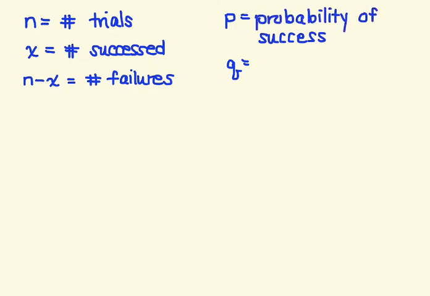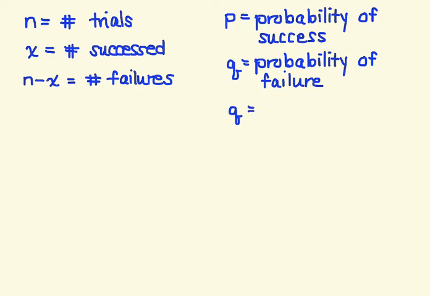Now because this is a probability distribution, the sum, P plus Q, should equal 1, which means that Q is actually equal to 1 minus P. So if we know P, we can find Q, because P plus Q equals 1.